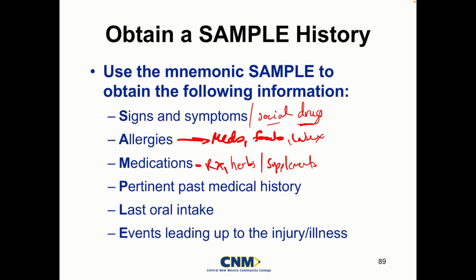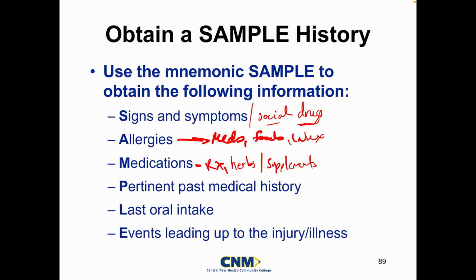The P is for the patient's pertinent past medical history. Pertinent means important to or relevant to what we're talking about. So let's give an example. If you have an 80-year-old male who you think is having a heart attack, and you ask about their medical history, pertinent medical history is going to be history that is at least recent, so something that has an impact on their body now.